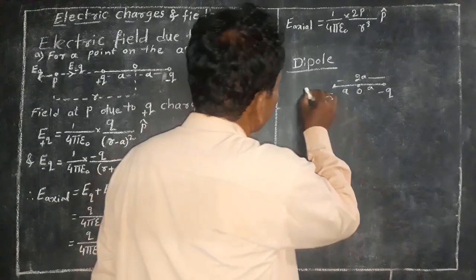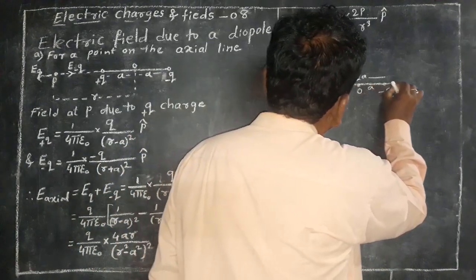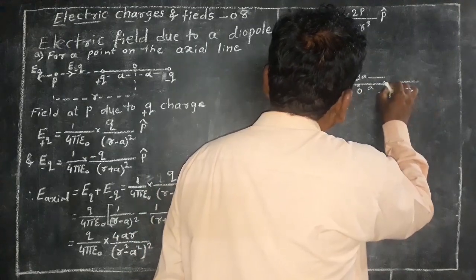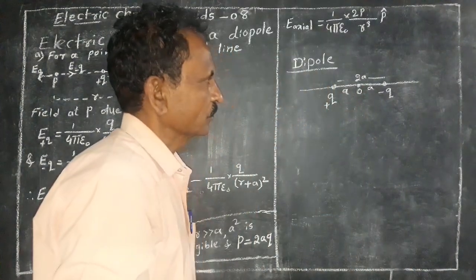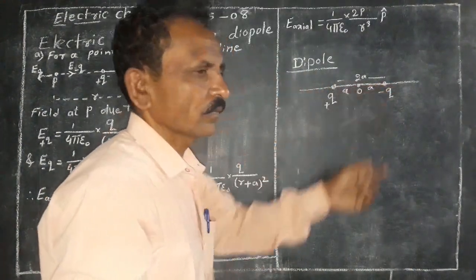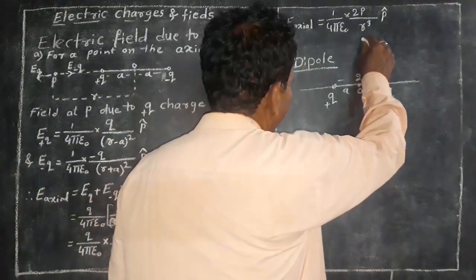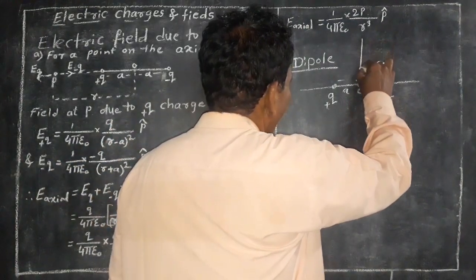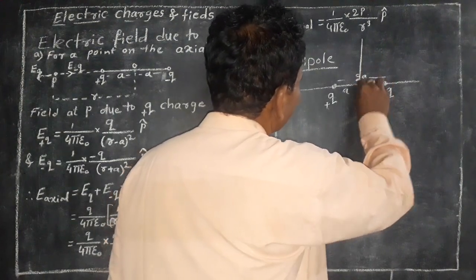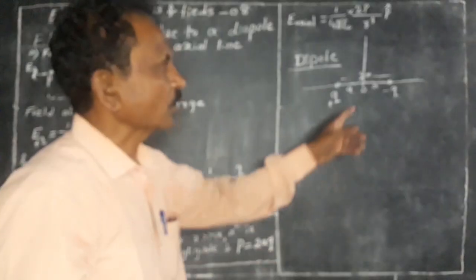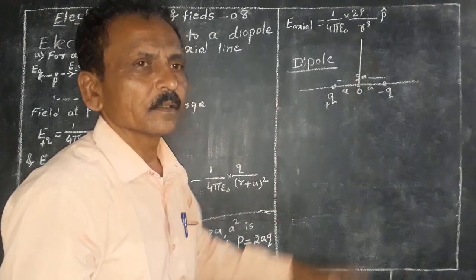Any axis that passes through the two charges of a dipole is called the dipole axis or axial line of a dipole, and a perpendicular to the dipole axis passing through the midpoint is called the bisector or equatorial line.